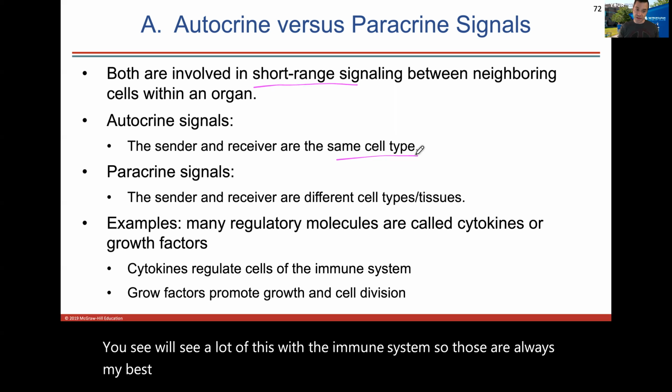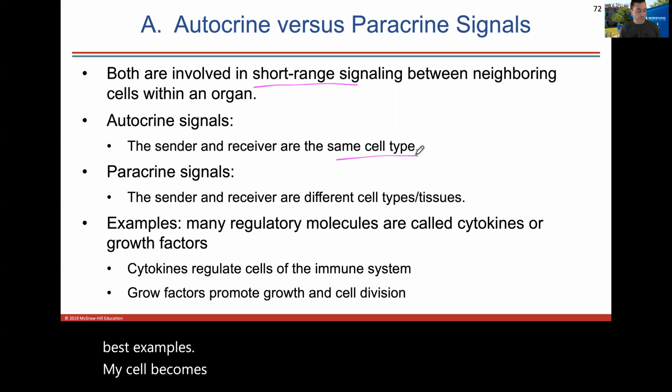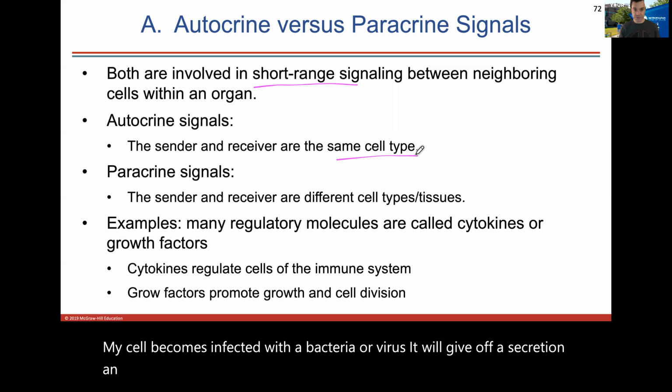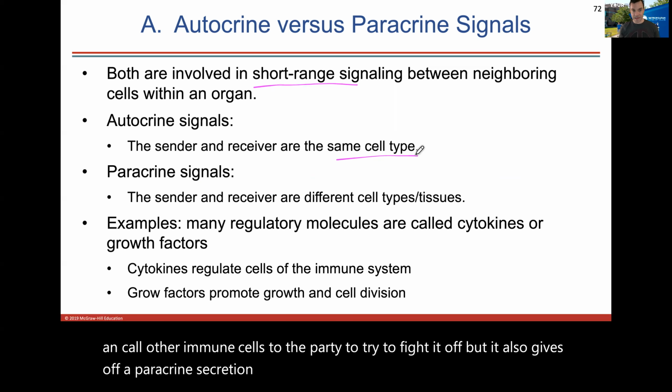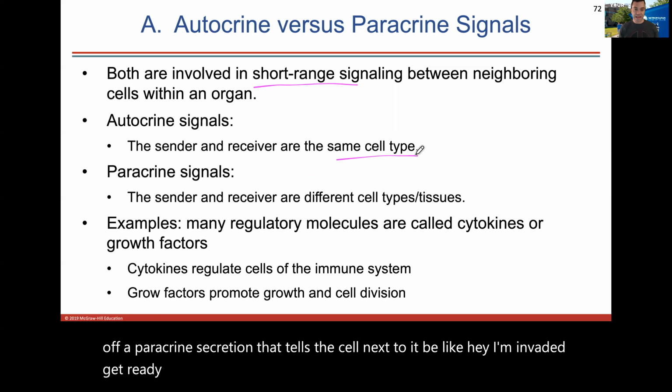When a cell becomes infected with a bacteria or a virus, it will give off a secretion and call other immune cells to the party to try to fight it off. But it also gives off a paracrine secretion that tells the cell next to it, hey, I'm invaded, get ready, you're next. And so that cell can now start to mount an immune response before it even gets inside of it.